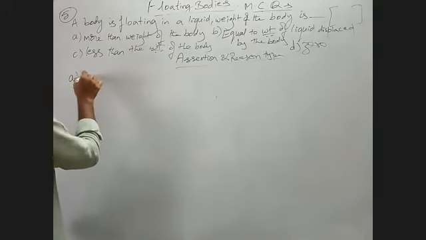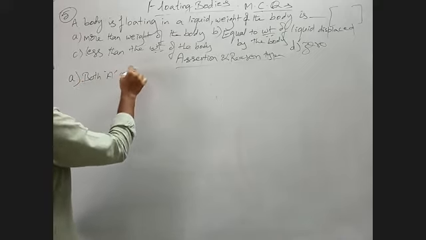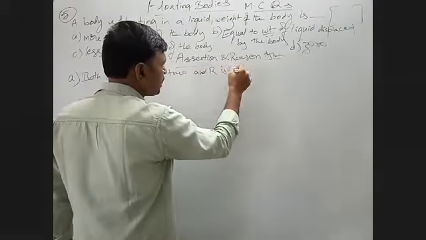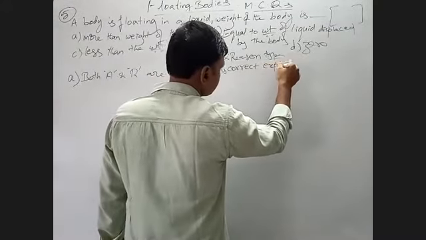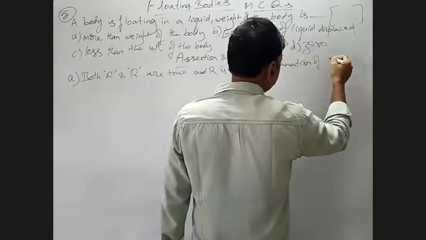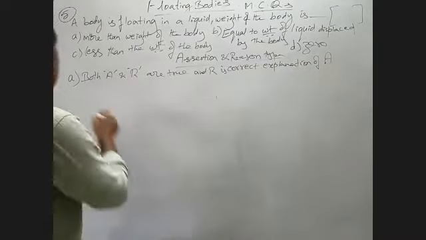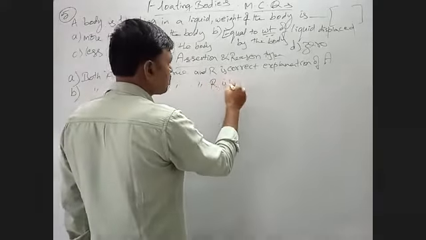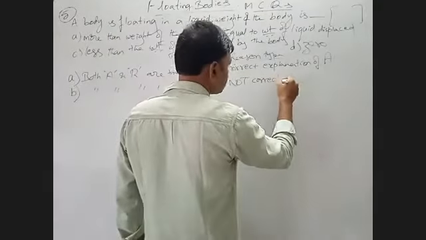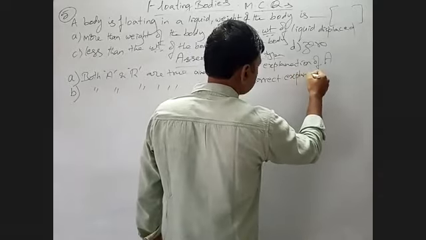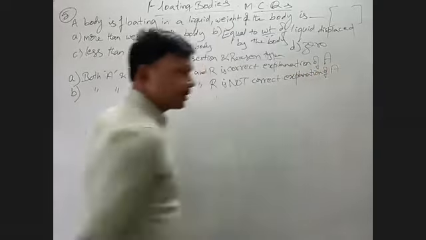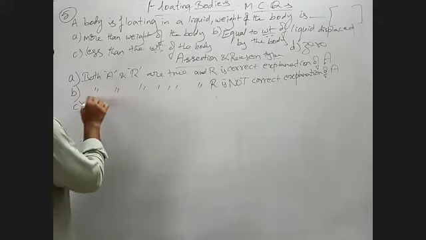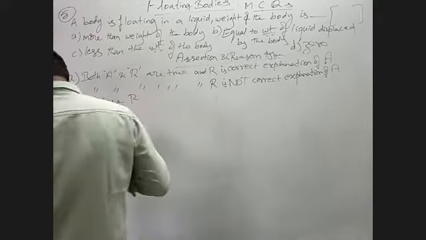Option A: both A and R are true, and R is the correct explanation of A. Option B: both A and R are true, and R is not the correct explanation of A. A means assertion here. Then C: A true, R false.